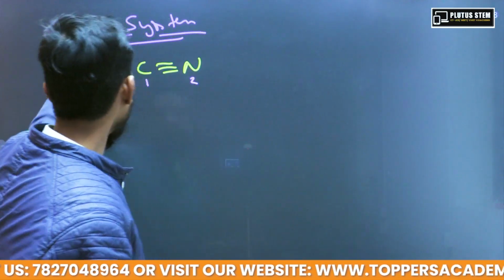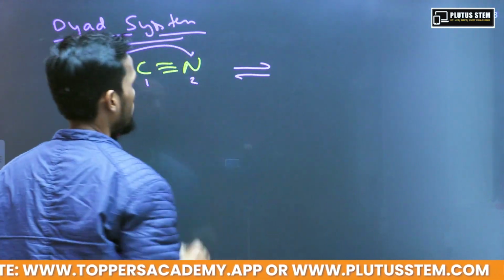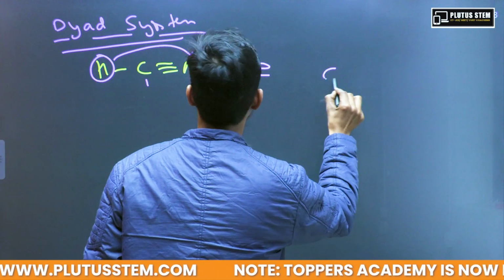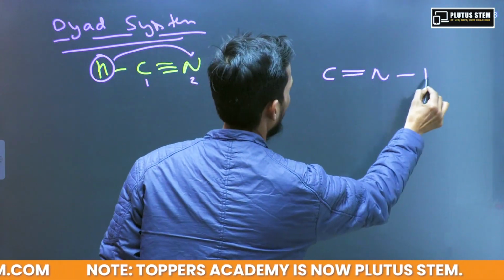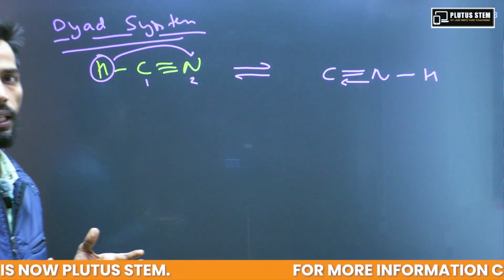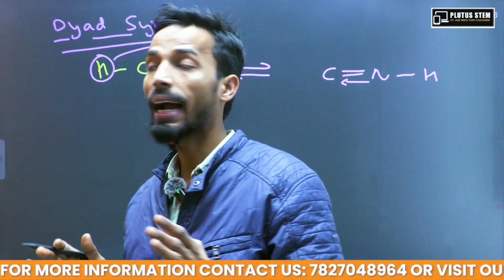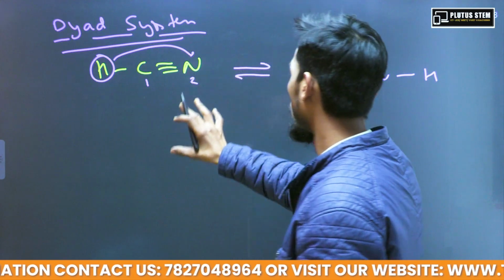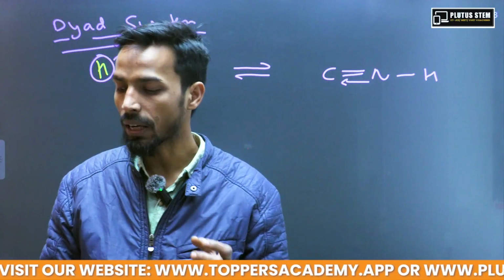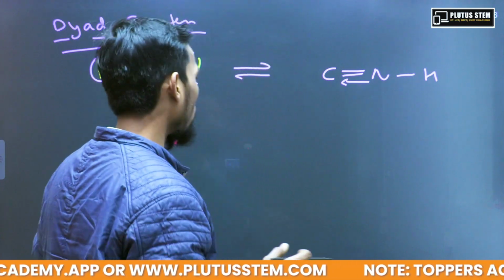This hydrogen will be moving from here to here, like this. This is also an example of tautomerism, the dyad system, where this hydrogen oscillation is taking place, and both these two structures can be isolated, and this type of isomerism is not that popular.